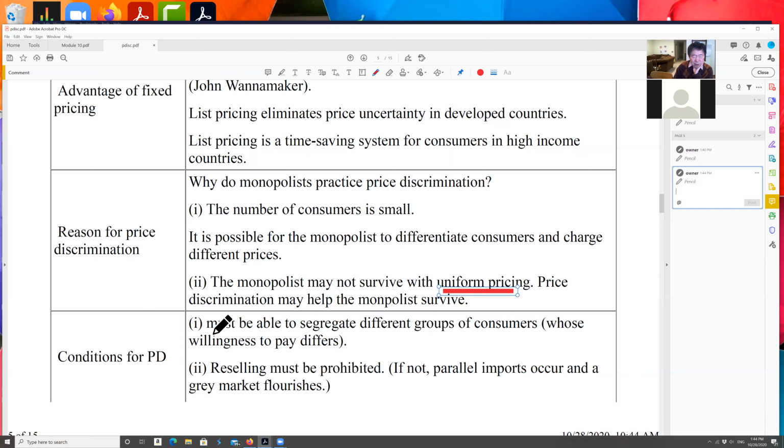Okay, so here are some preconditions for price discrimination. The seller must be able to segregate different groups of consumers. Different groups meaning the amount consumers are willing to pay differs between groups, okay? And also reselling must be prohibited.